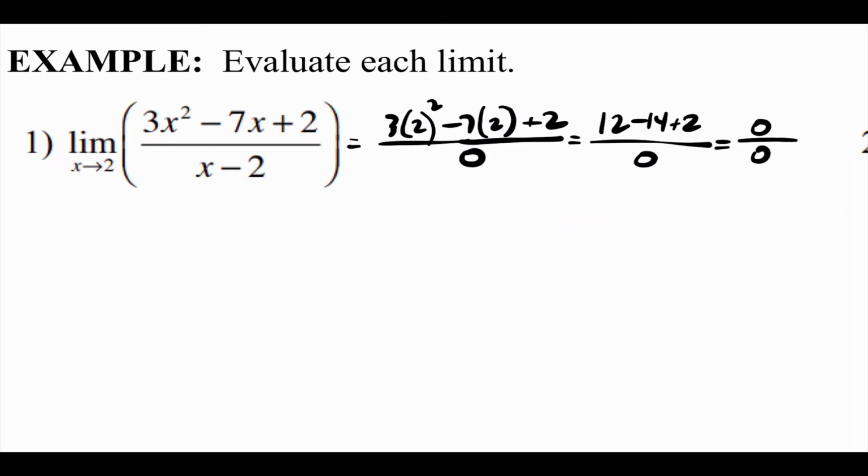So L'Hopital's rule says the first thing you're going to do is take the derivative of the top. Rewrite the problem: limit as x approaches 2. The derivative of the top, the green, is 6x minus 7.